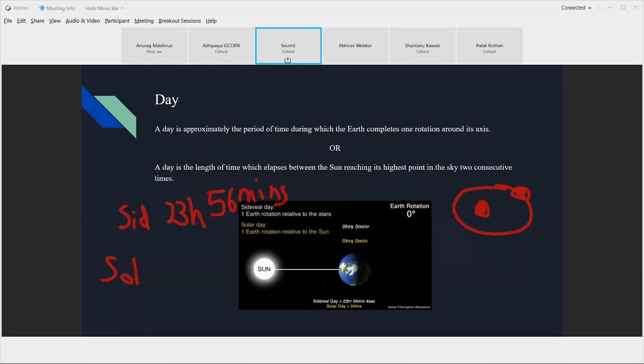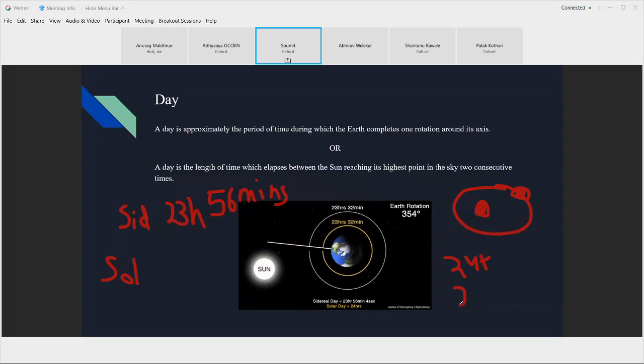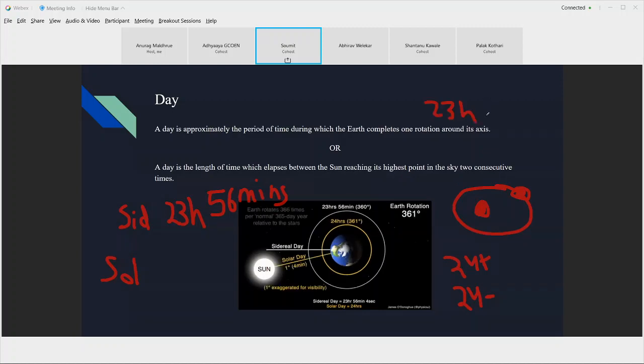As it revolves faster, it has to rotate a little bit more to compensate for the revolution speed. During that time, the length of the day exceeds 24 hours. On the slower part of the orbit, it is a little less than 24 hours. It is of course more than 23 hours and 56 minutes, that's the sidereal period.